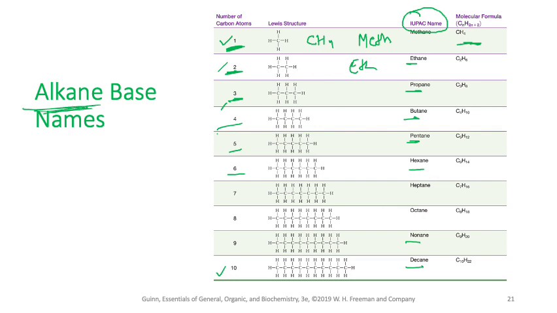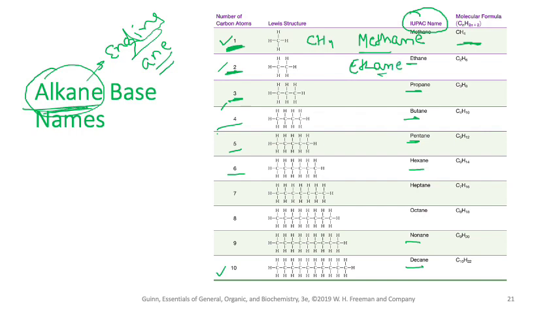And then if you're naming the compound as an alkane, the ending word will always be ane, right? For example, if this is an alkane compound containing 1 carbon atom, then meth, put an ane, methane. If the alkane compound has 2 carbon, how do you name it? Ethane.